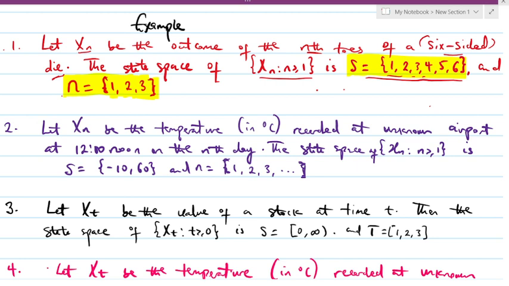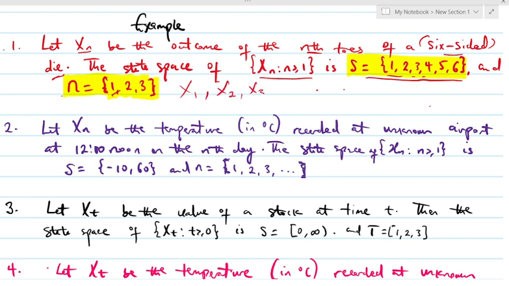The third time, what will be the outcome? That is X subscript 1, X subscript 2, X subscript 3. So let me write that out. We want to find X subscript 1 when n equals 1, when n equals 2, when n equals 3.